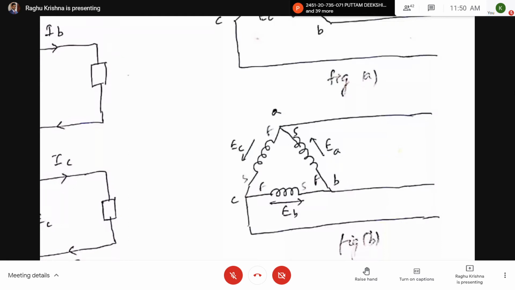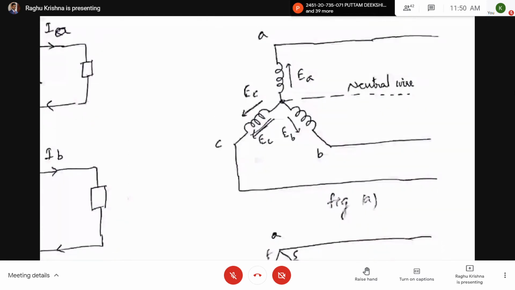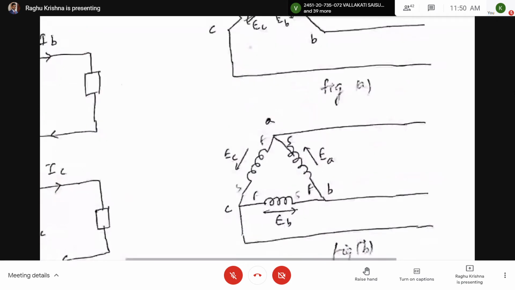The first one is the star connection or Y connection, and the second one is the delta connection.